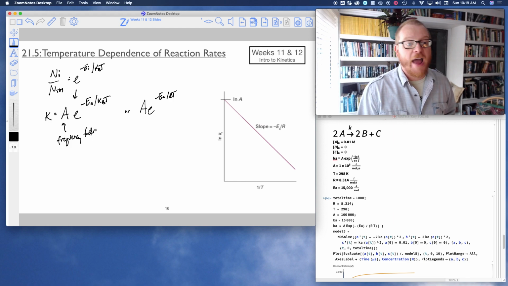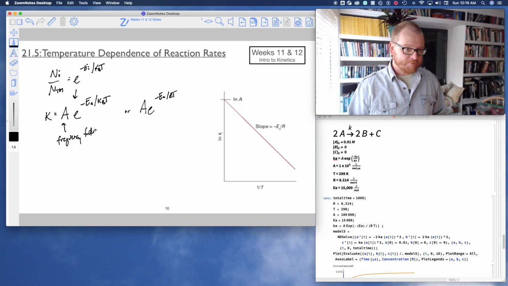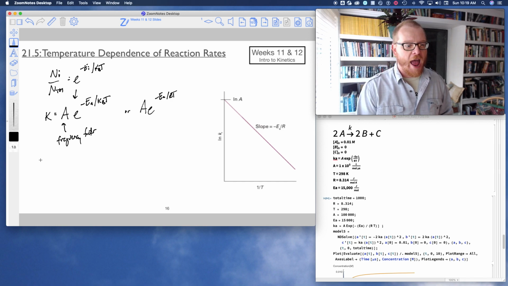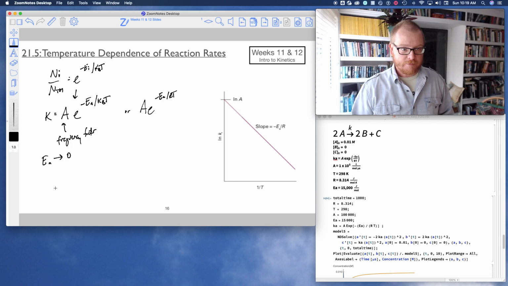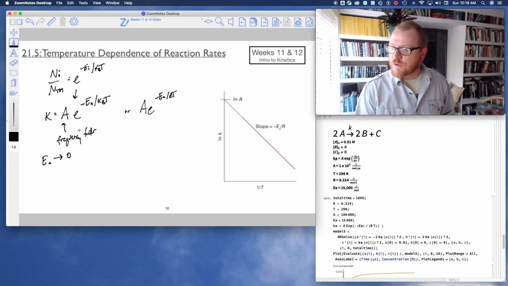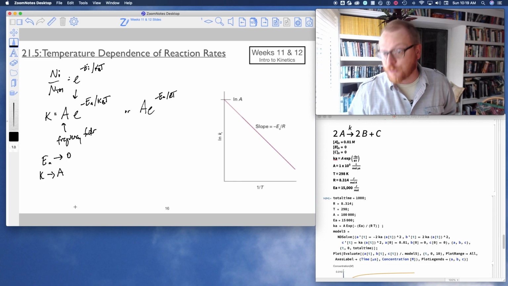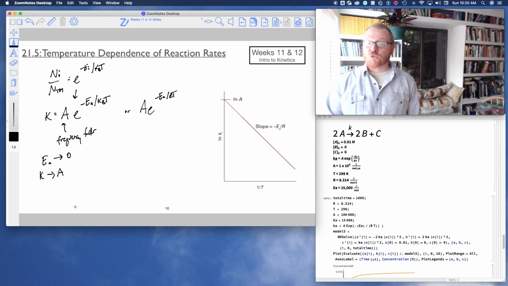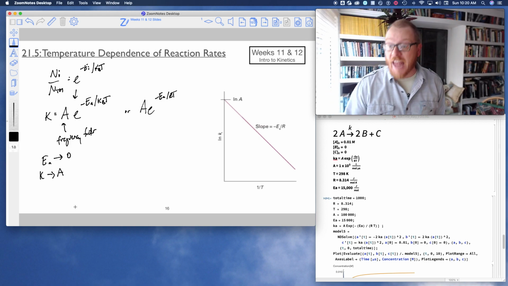frequency factor. Okay? And what you imagine now in the limit, so as EA approaches 0, then e to the 0 is just 1, so then that means k approaches the frequency factor. And that is what we call an extremely fast reaction.